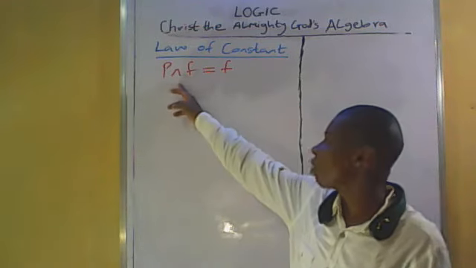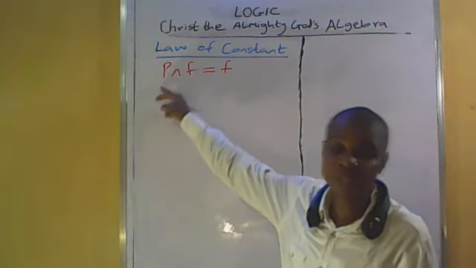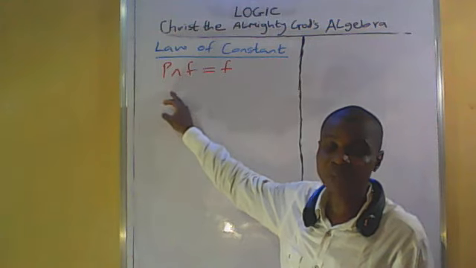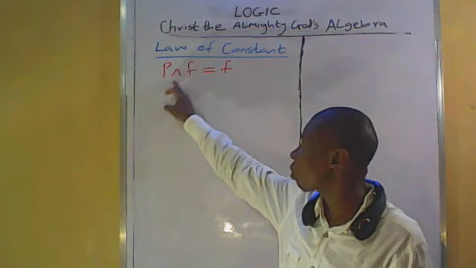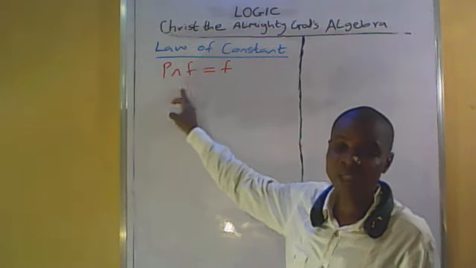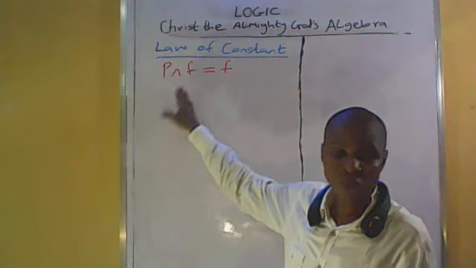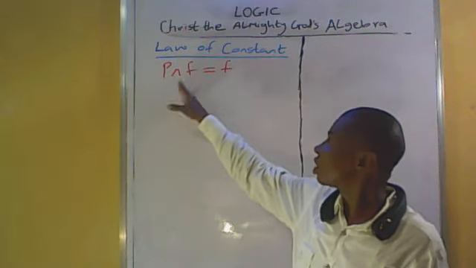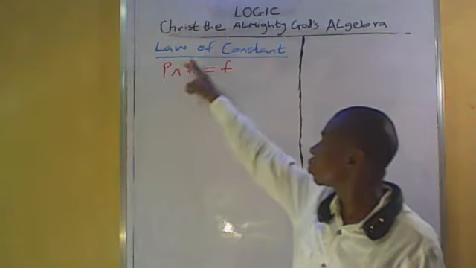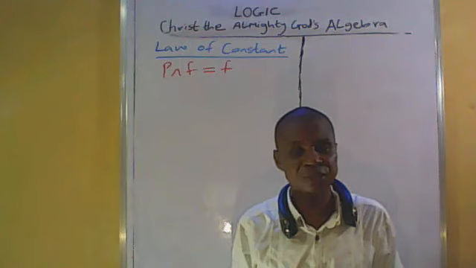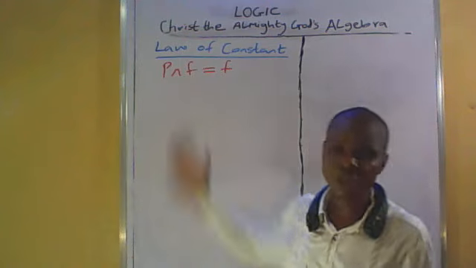By the reason of this and connective that combines them together, it becomes a conjunctive statement. So, since it is a conjunctive statement, we say that it is law of constant by conjunctive statement. Let's prove this statement.